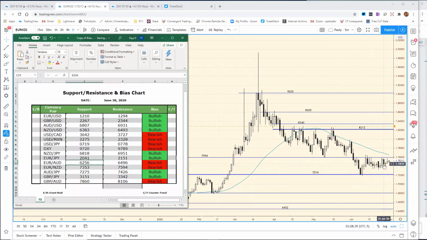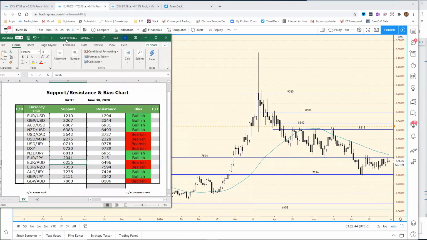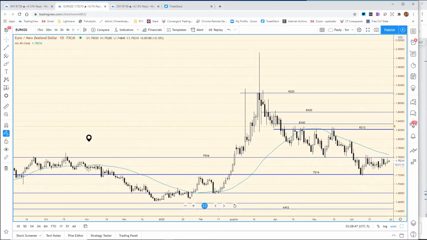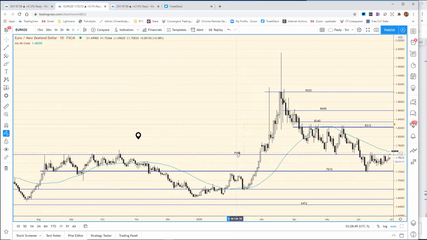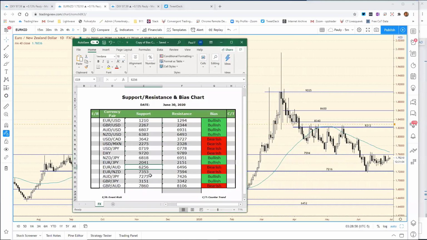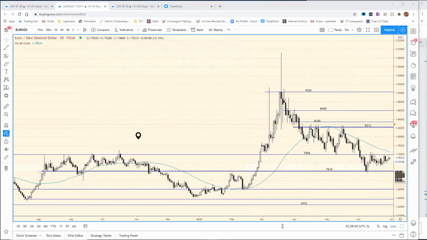Well, we're not going anywhere. You can see right here, just a slight hair higher, but that doesn't change anything because resistance is still going to remain at 75.94. No changes. We're not even moving right now. On the downside, for support for Euro Kiwi, we do have 73.53. And like I said, we're trading in such a tight range. It is just ridiculous.